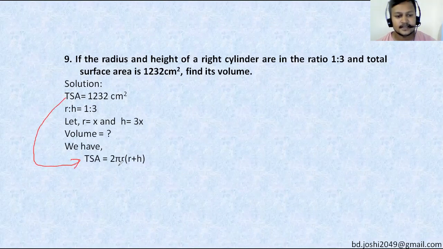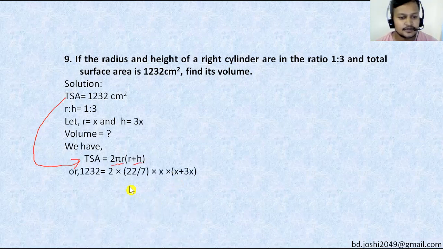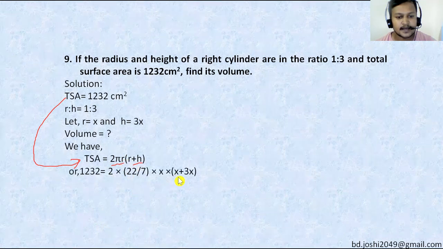So total surface area is equal to 2 pi r times r plus h. Put all given values which we know. Total surface area 1232. 2 into pi, 22 by 7, r we said let it be x, and r plus h, that is x plus 3x.